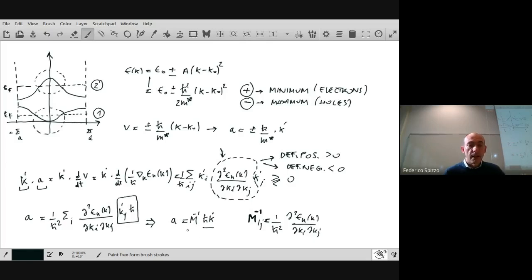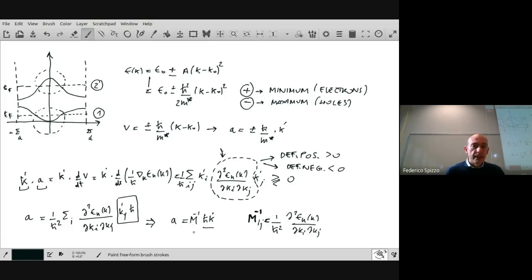So in this case, we have a sort of revision of the second law of dynamics where what was the inverse of the mass, 1 divided by the mass of the classical particle, is now not the inverse of a scalar term, but the inverse of a matrix.